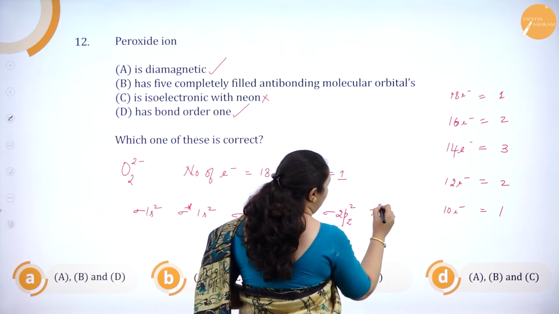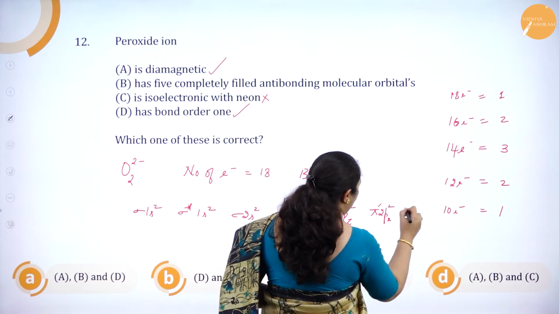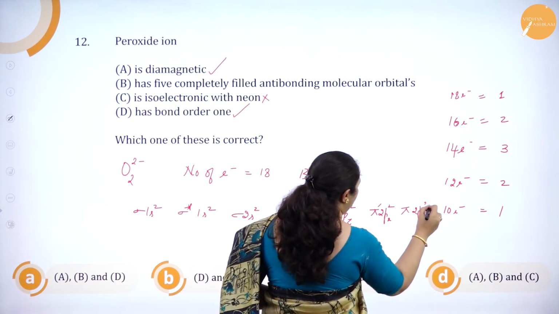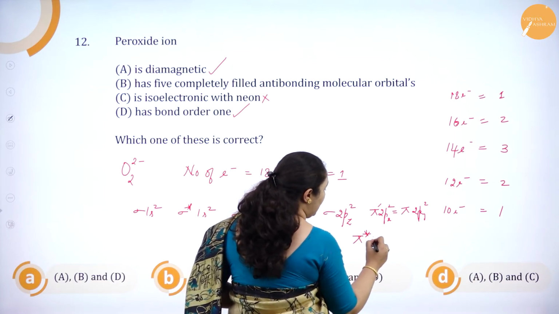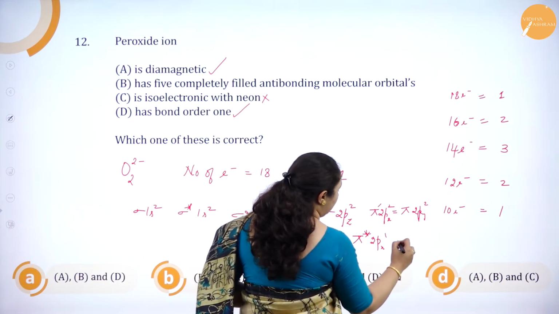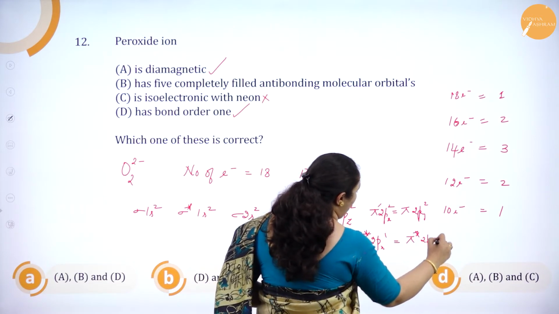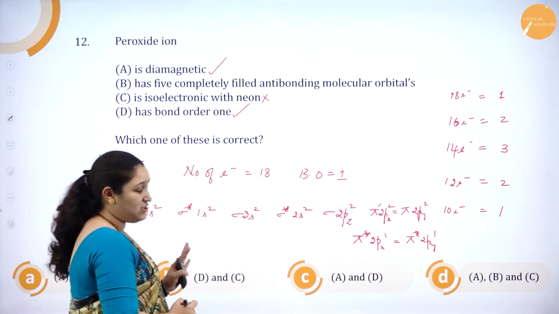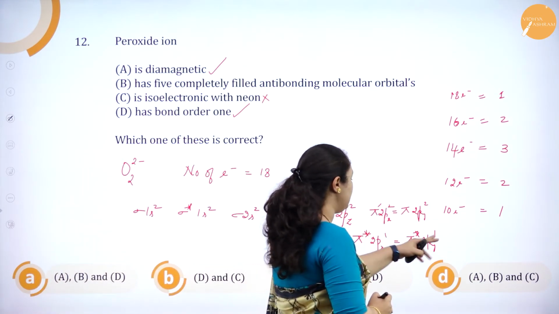Then you have pi 2px2, pi 2py2, which are equal to one another. After this, you have pi star 2px1, which is equal to pi star 2py1. Correct? No? This is for oxygen I am talking about. 2, 4, 6, 8, 10, 12, 14, 15, 16.